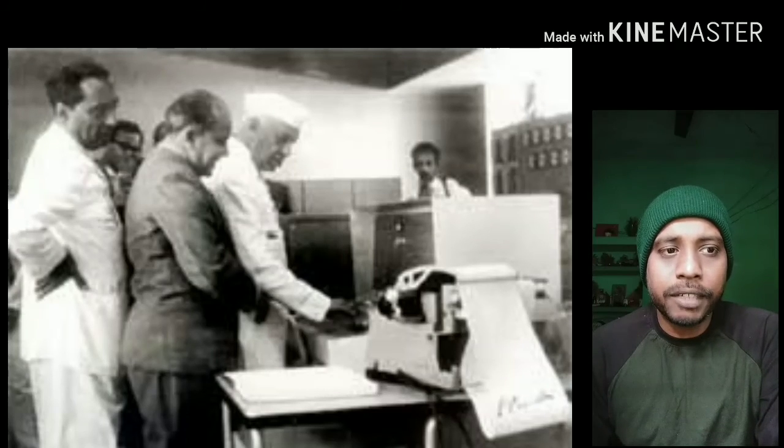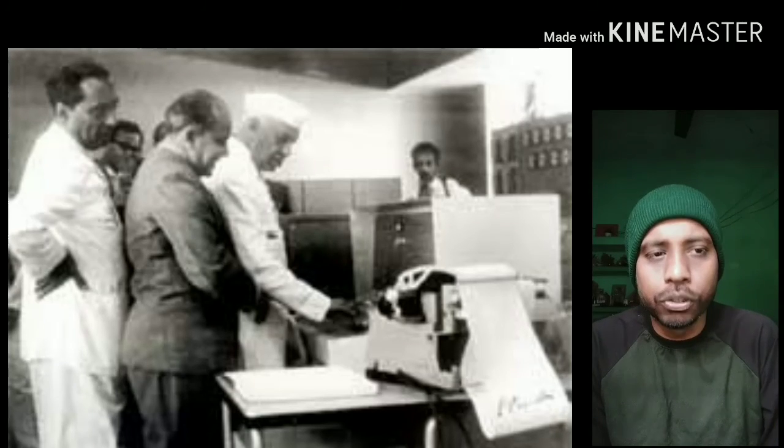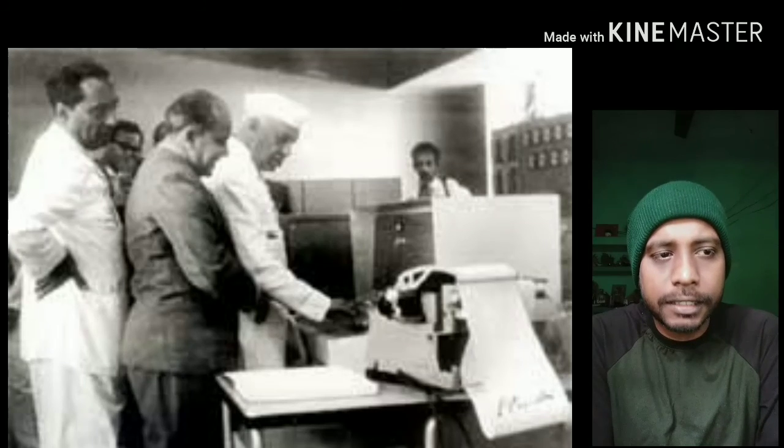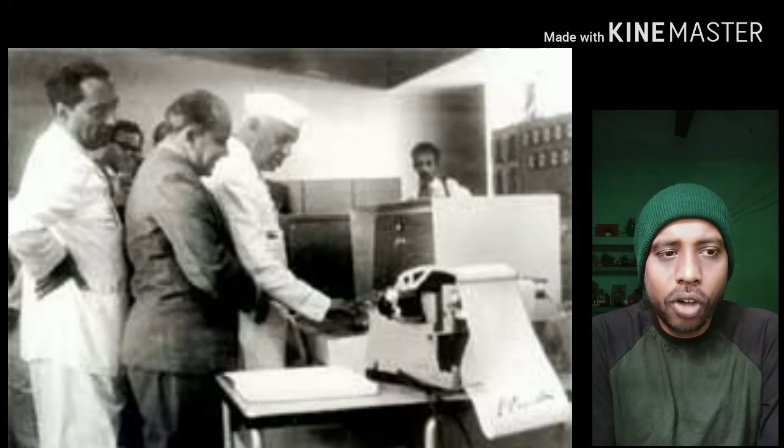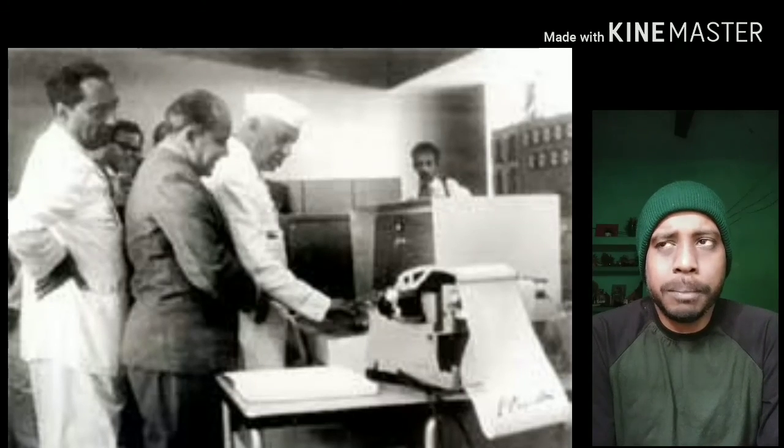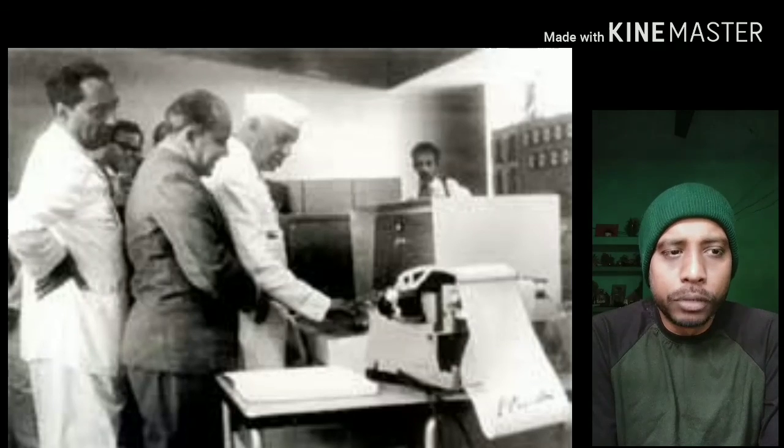In India, the first computer came and was installed at the Indian Statistical Institute in 1956. India got its first computer from the USSR, and the basic purpose was to do research in computing.